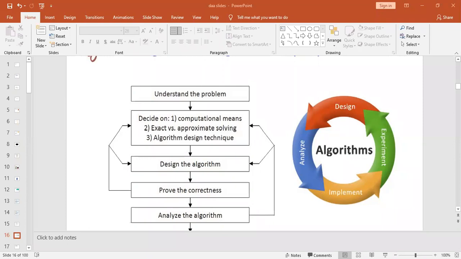Definite and finite. Okay. So two criteria for output. Correctness and effectiveness. Okay, good. Well and good.